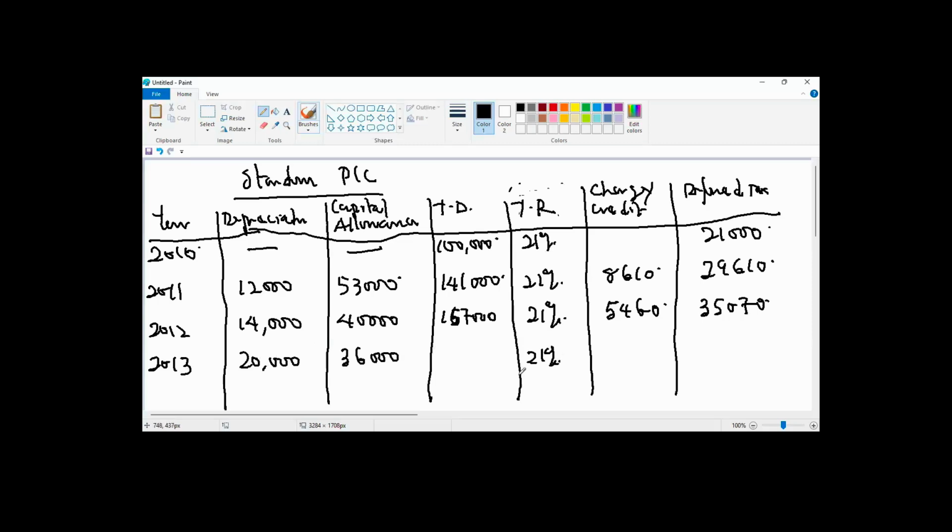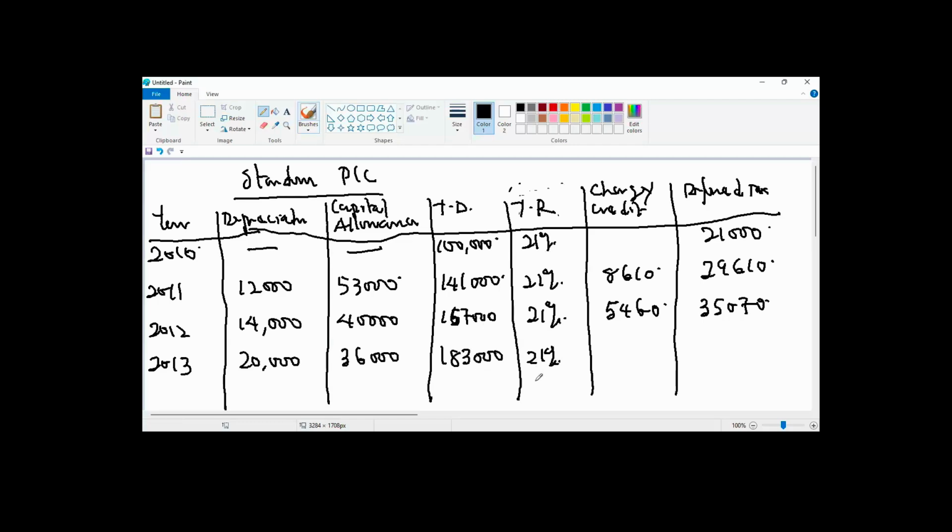Which way do we go? Should we add or go straight? Anyway you go. 16,000 plus 167,000 is 183,000.